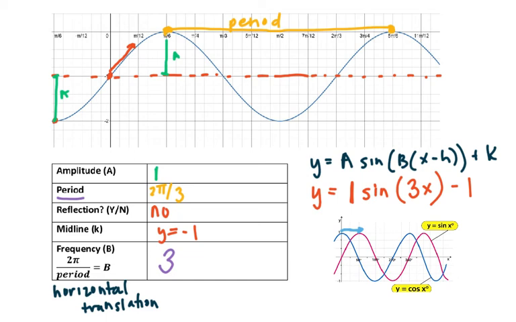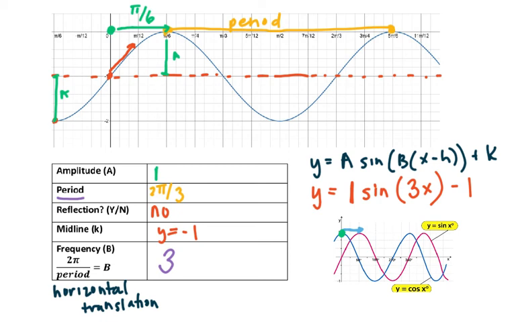When we are looking at our parent function here, the y-intercept of a cosine function occurs at the maximum point. If we are looking at our function here, to get from our parent function, which has a maximum point as a y-intercept, we have to move to the right pi over 6 units.